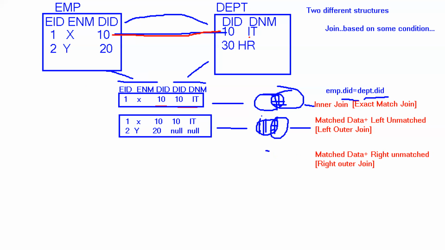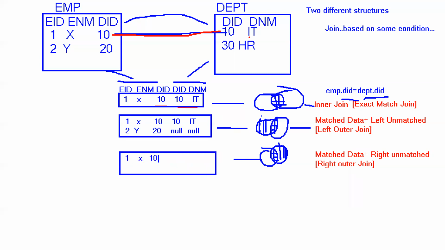The Venn diagram is this. Matched data, right unmatched. And what about the data? Matched data 1, x, 10, 10, IT. This is null, null, null, 30, HR; 20 is not there, 30 is not having a match.